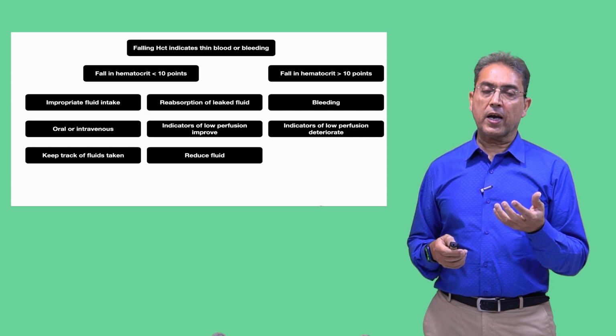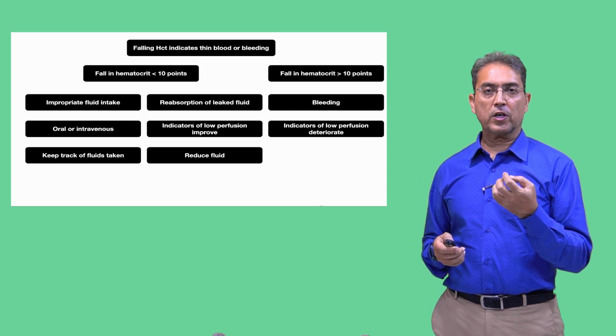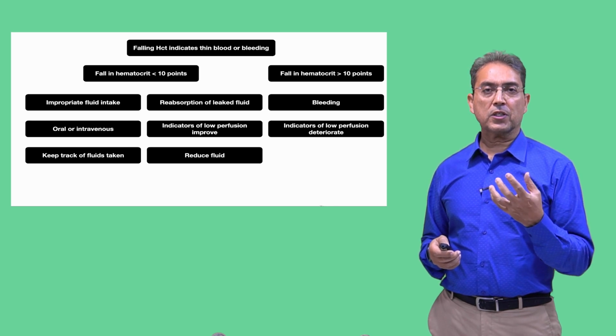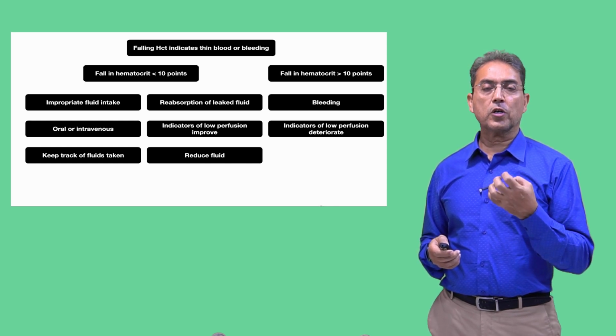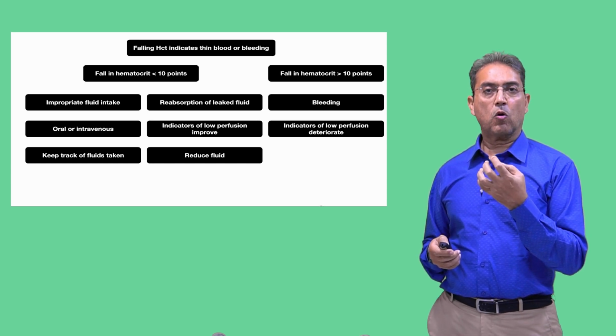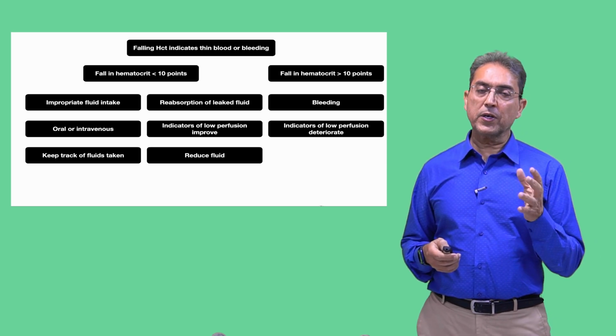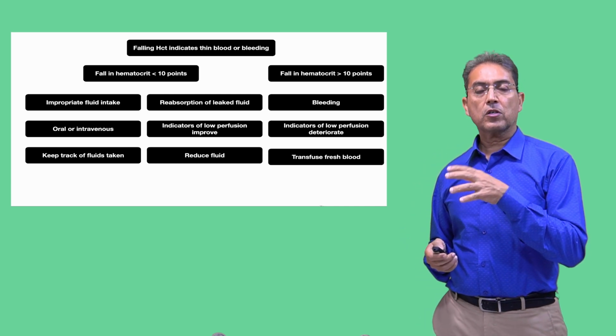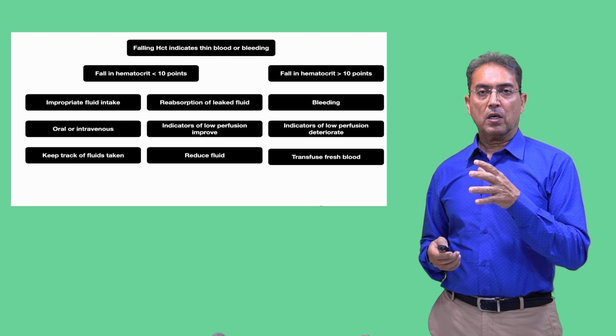While in patients who are having the drop in hematocrit because of the reabsorption of the fluid, their blood pressure and pulse pressure improve, the tachycardia settles, the urine output improves, and the capillary refill time also starts decreasing. In these patients, we decrease the fluid intake, while patients who are bleeding, we transfuse them because they need blood.